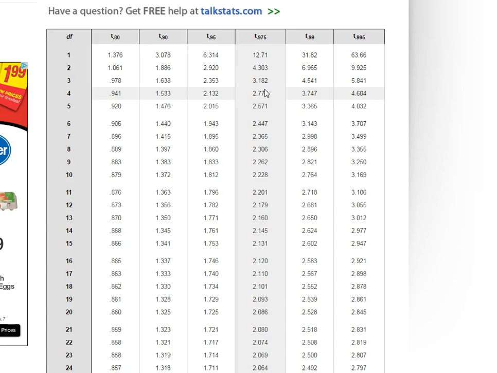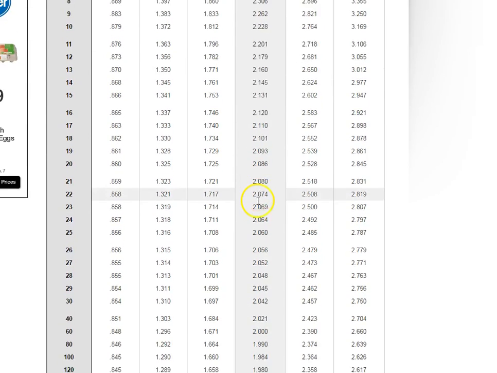Remember that I want a 95% confidence interval, and to get that I have to go to the column that's 0.975. This gives me an upper tail of 2.5%, but since I want two tails, this is the correct column because that's going to give us a 5% total in both my upper and lower tail. The row I go to then depends upon my sample size.